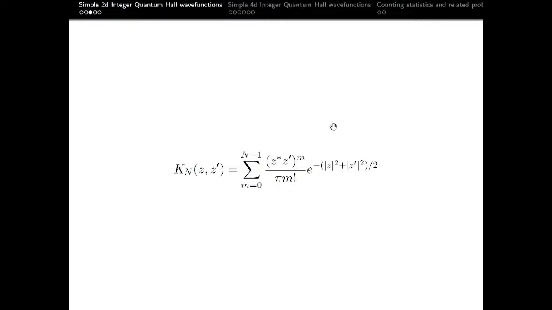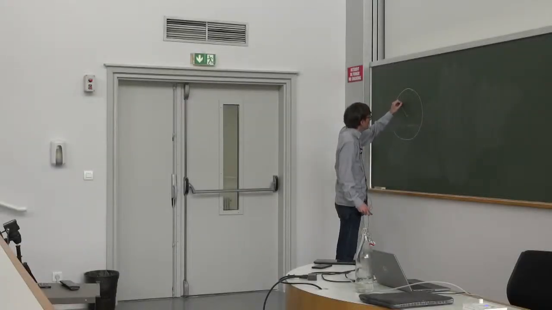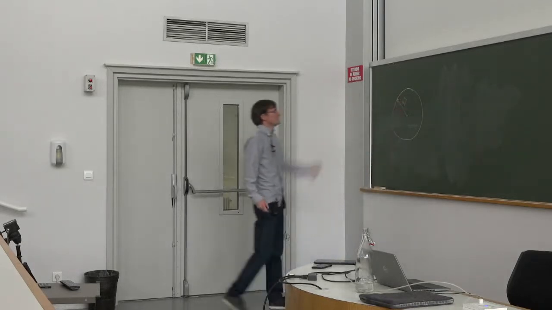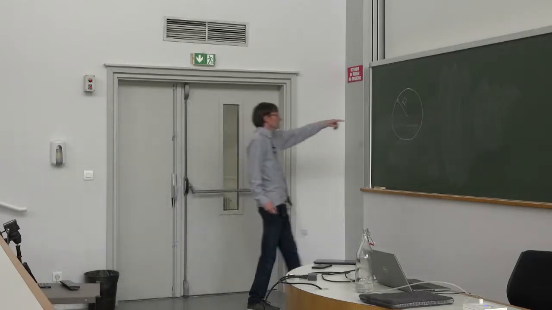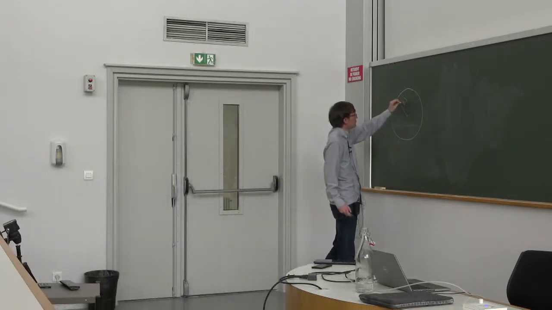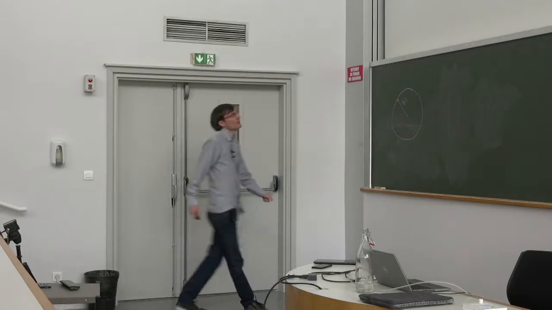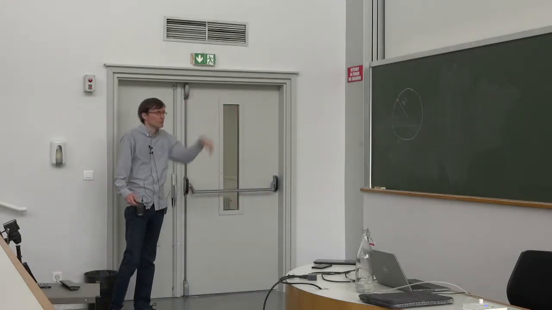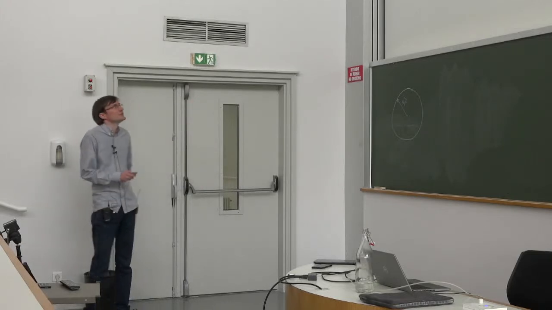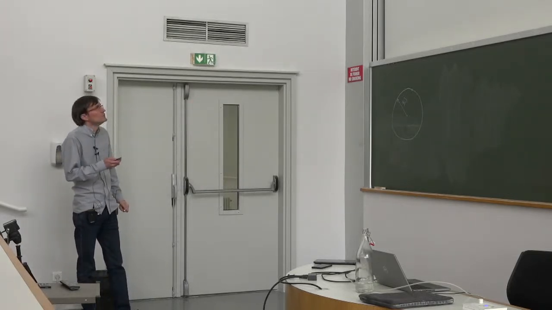I use units where the radius of this disk is of order square root of n, because I want the interparticle distance to be of order 1. Often people rescale by some factor of n to get just a unit disk, but this is what I will do.